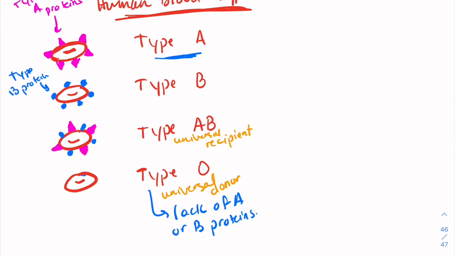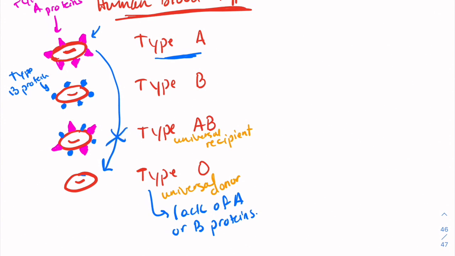But think about it for a second. What type of blood can a type O person receive? Can a type O person receive blood from a type A person? No. No way, because type A blood's got these spiky looking proteins on them, right? And the type O person's immune system is going to be like, what the heck is this spiky looking protein up here? Freak out, everybody, attack, attack, attack. You have this huge immune response and you get really, really sick.